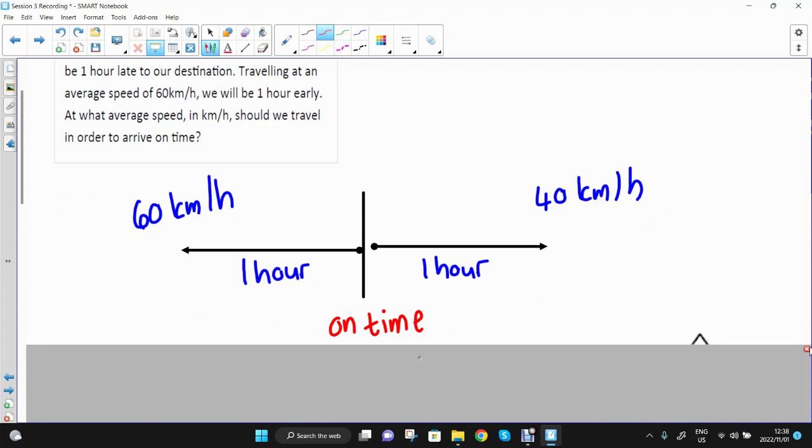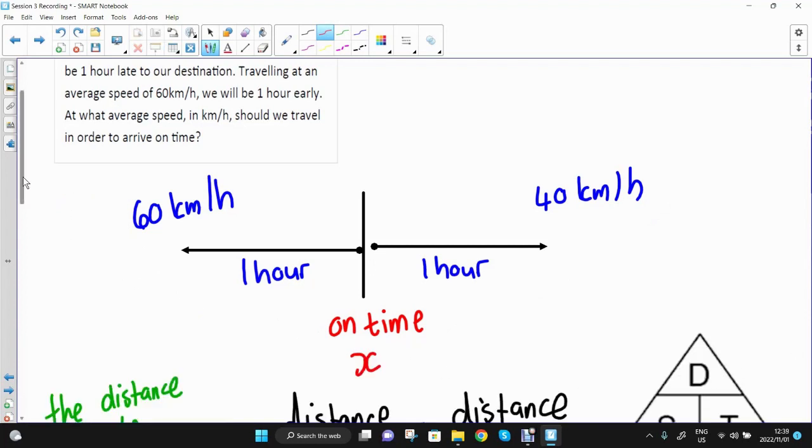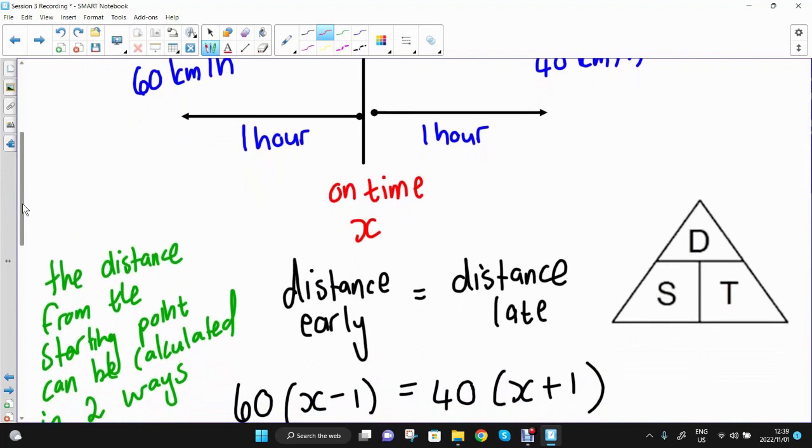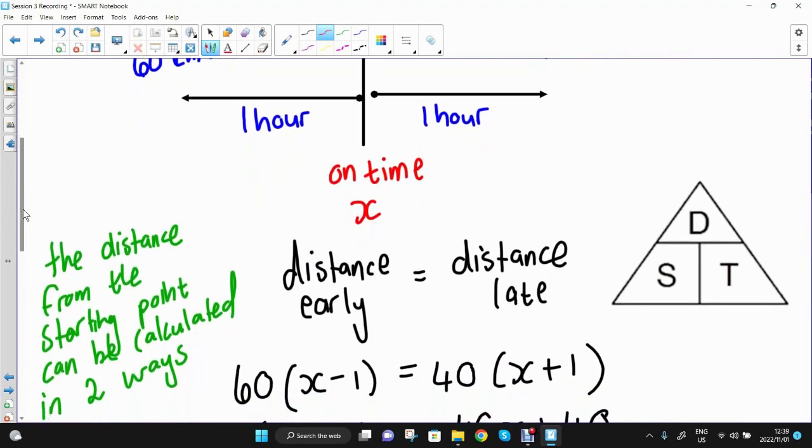So to explain that, I used a little equation here. I said the distance early will equal the distance late. Remember, whether you are early or late, you are going to travel the same distance to get to your destination. So the distance from the starting point can be calculated in 2 different ways.